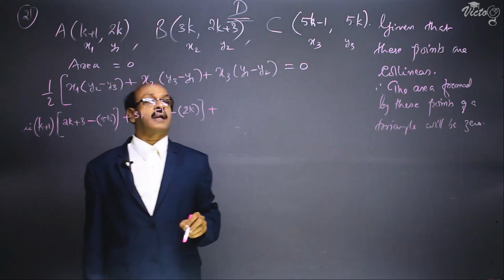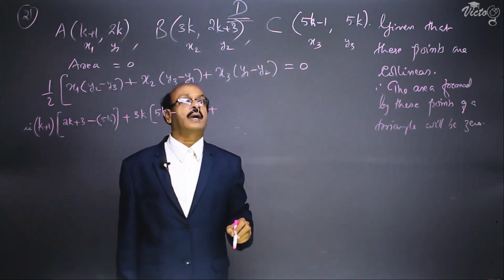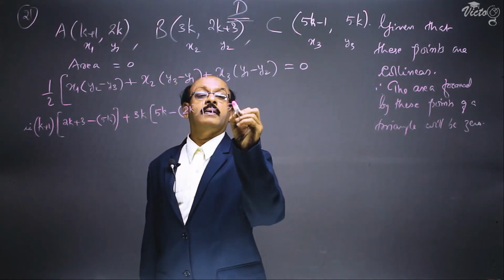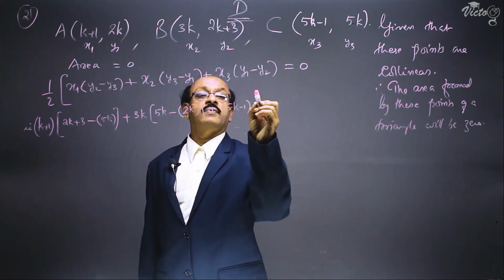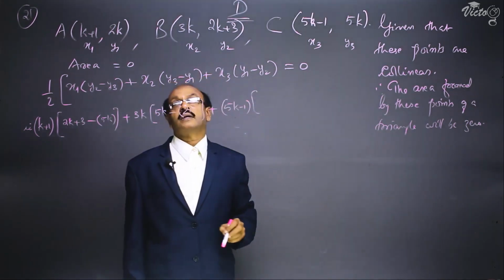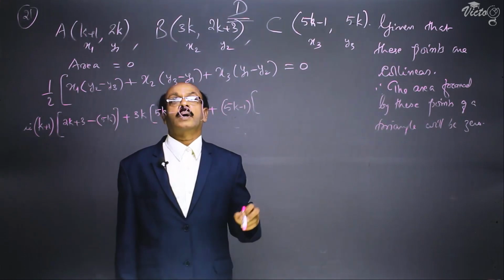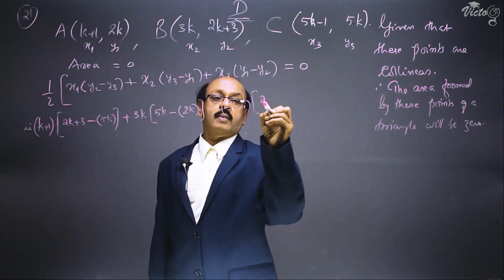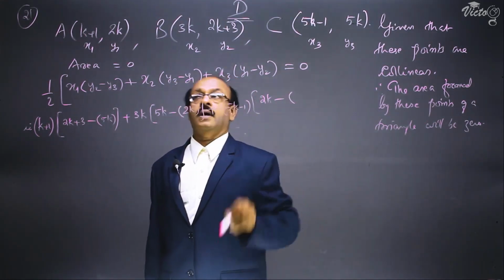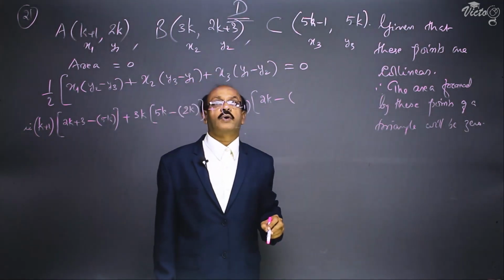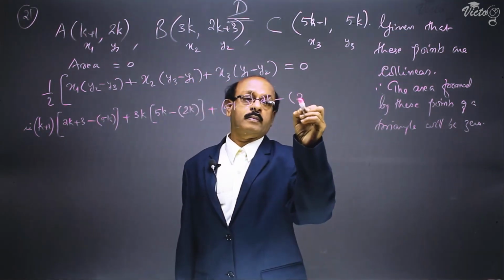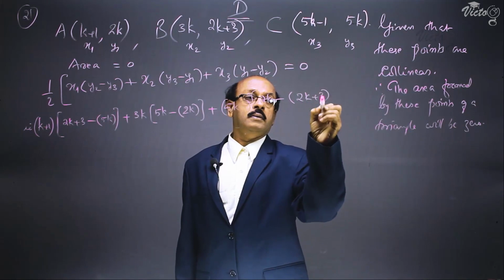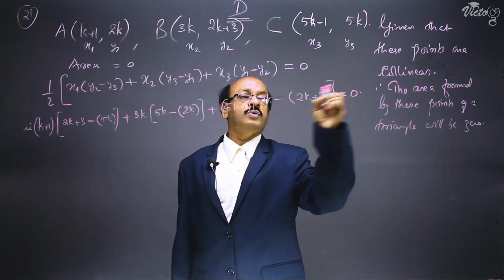Plus x3, the value of x3 is 5k minus 1, into (y1 minus y2), where y1 is 2k, minus y2, which is 2k plus 3, is equal to 0.